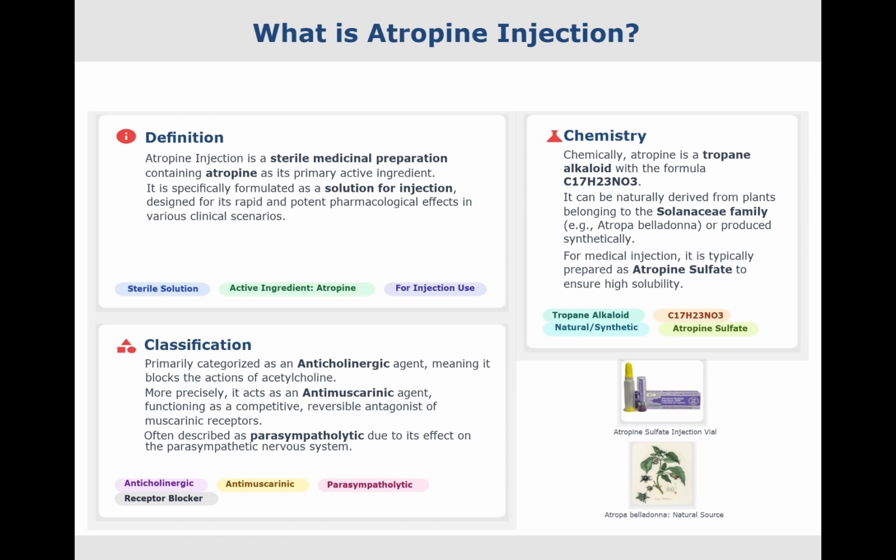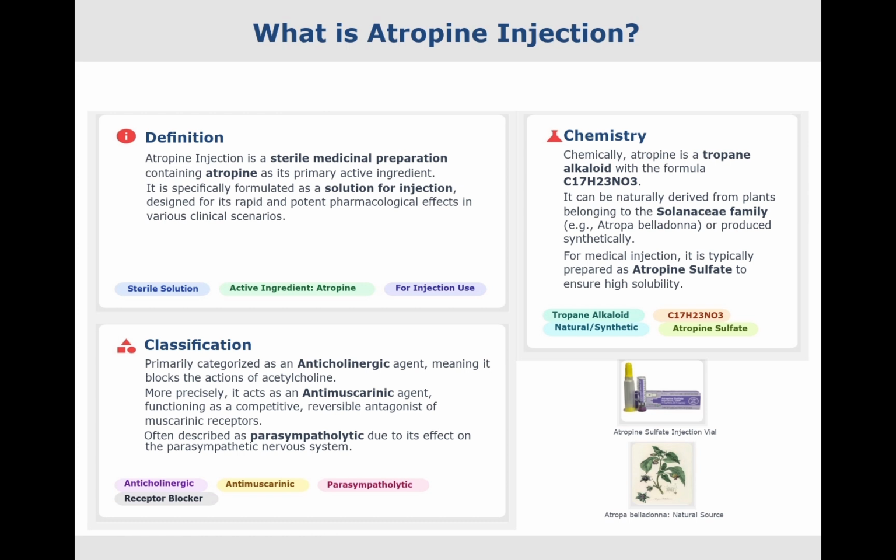From a pharmacological standpoint, atropine is classified broadly as an anticholinergic agent, meaning it blocks the actions of acetylcholine. More specifically, it's an anti-muscarinic agent, targeting muscarinic acetylcholine receptors. Chemically, atropine is a tropine alkaloid with a molecular formula C17H23NO3.